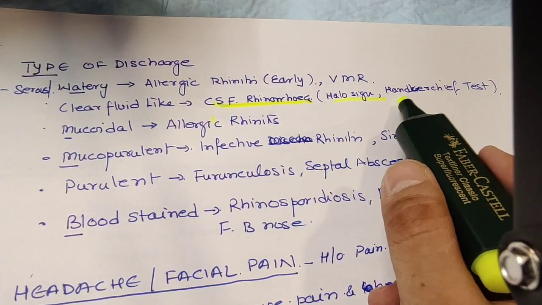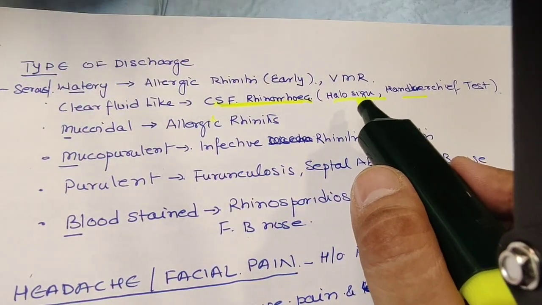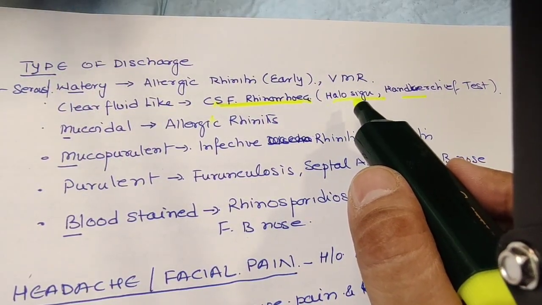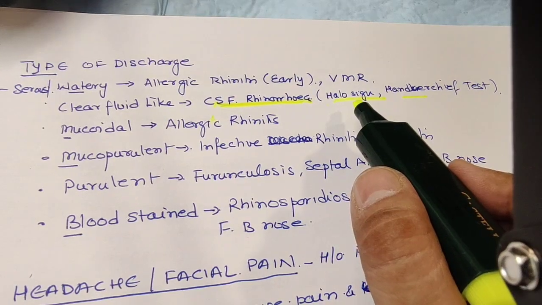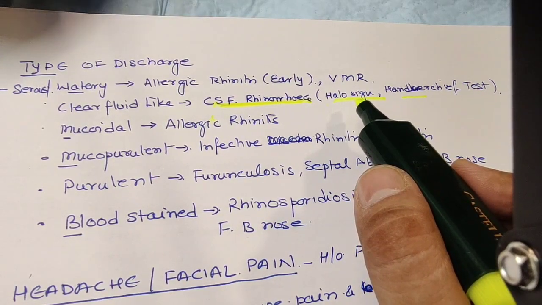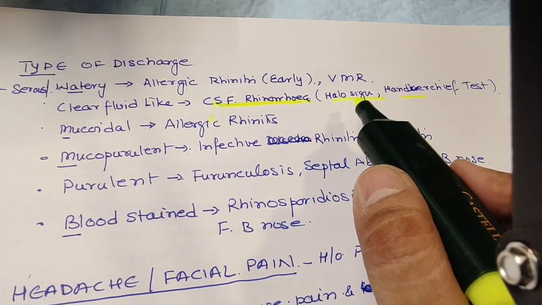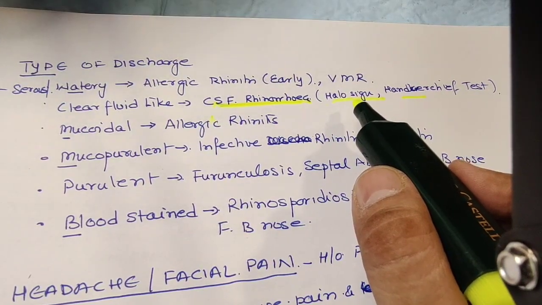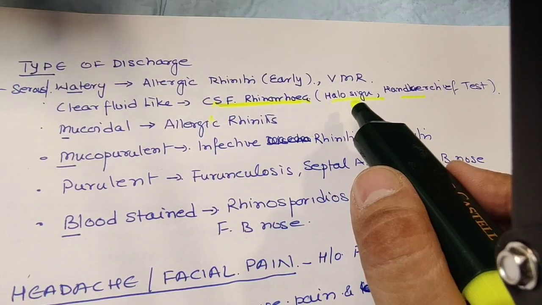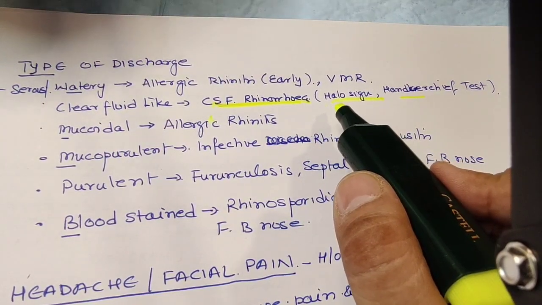So this is a handkerchief test, or the halo sign is what we see on the handkerchief, that there is a halo of secretion which dries around it, and in the center there is some blood clot present. So this is the kind of discharge that you get in CSF rhinorrhea.